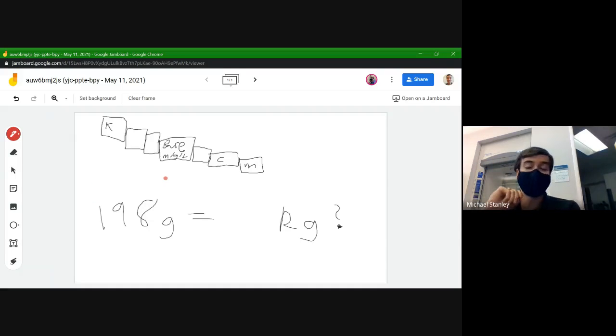So first thing to do is figure out my starting point and my ending point. So if I'm starting off with 198 grams, which of these boxes is going to be my starting point?